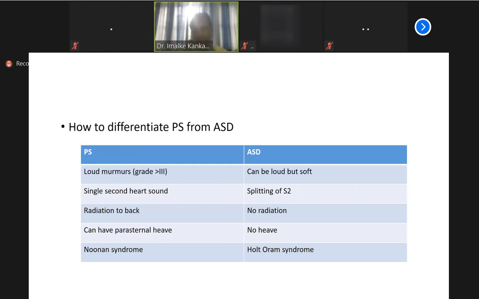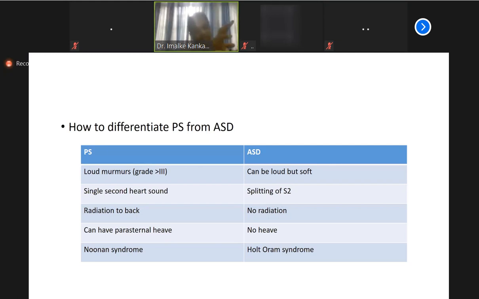In PS, the second heart sound is single, but in ASD, it is split. The PS murmur can be well heard over the back, but there is no such feature in the ASD murmur. You can have a parasternal heave due to right ventricular hypertrophy in PS, but it is not the case in ASD. Noonan syndrome is a syndrome in which you get PS. ASD is common in a syndrome called Holt-Oram, in which the forearm is deficient.